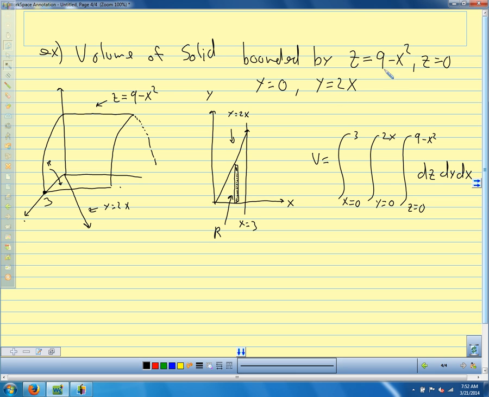The volume of the solid bounded by f of xy, and this would be our region in the xy plane. So once we evaluate that first integral, we get to the double integrals that we've been working with for a couple of sections now. So we're letting z go from 0 to our surface. We're letting y go from 0 to 2x. And then we're letting x go from 0 to 3 across our region. So that would be our volume.